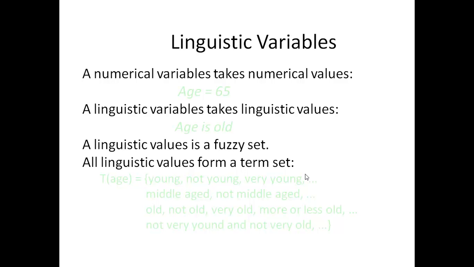A linguistic value is a fuzzy set, and all linguistic values form a term set that is denoted by T. Suppose you are finding the age as a linguistic variable, then T of age may be young, not young, very young, middle age, not middle age, old, not old, very old, more or less old, not very young or not very old.